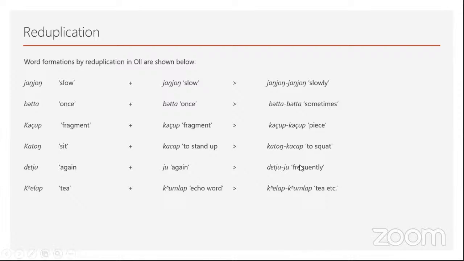This is partial reduplication, you, that means frequently, again and again. And another one here is echo formation, kelap. Kelap means tea, and kumlap, echo word. Kelap kumlap means tea and light, like chai vai in Hindi.